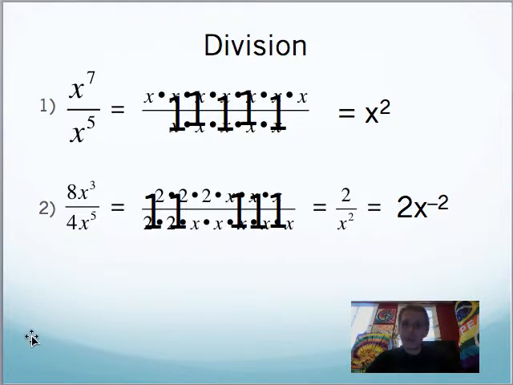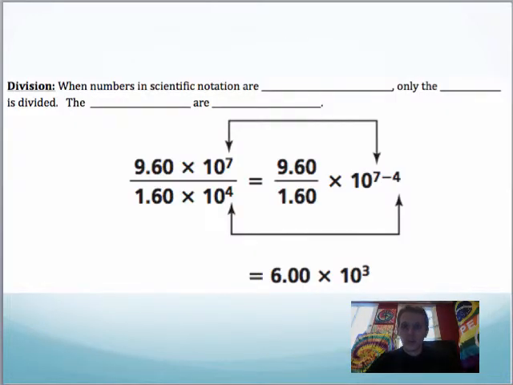We will now move into scientific notation, how this is going to work. Very similar. When numbers in scientific notation are divided, only the coefficient is divided.